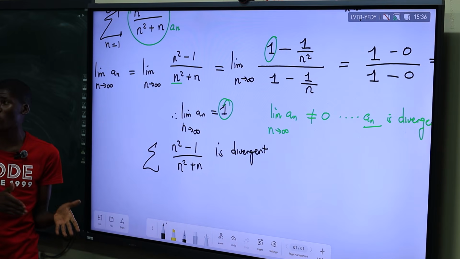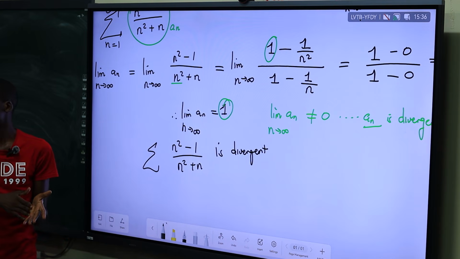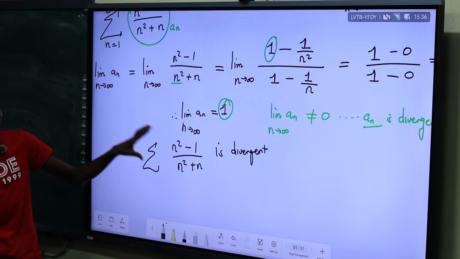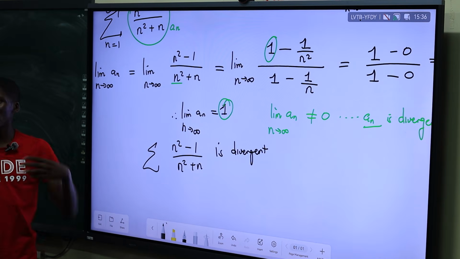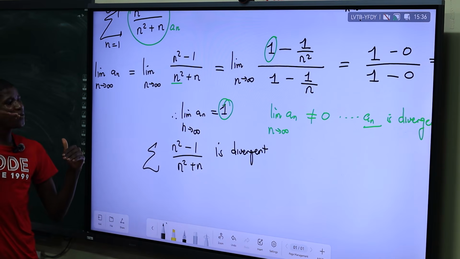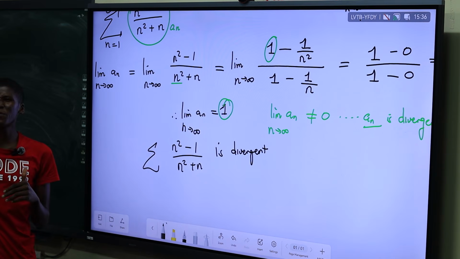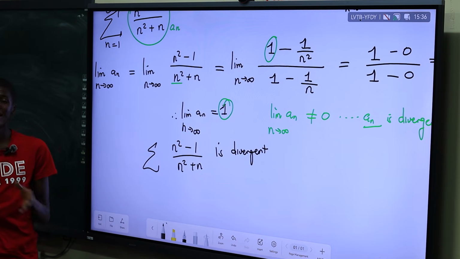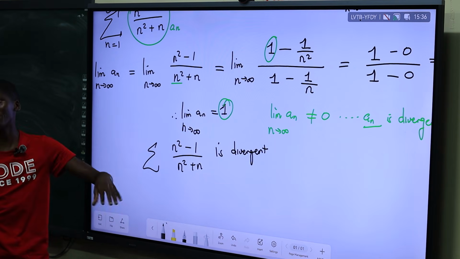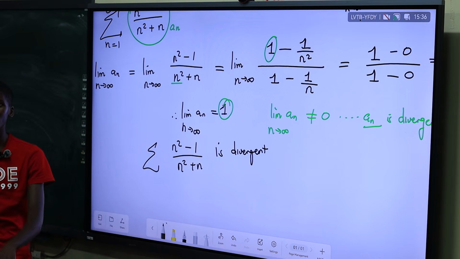So if you get 0 from the limit, it doesn't necessarily mean it will be a convergent series. You are going to say it's not divergent. You find out later on about the other states between divergent and convergent. There can be multiple states, but for now, just say it's not divergent when the limit of a_n is 0.